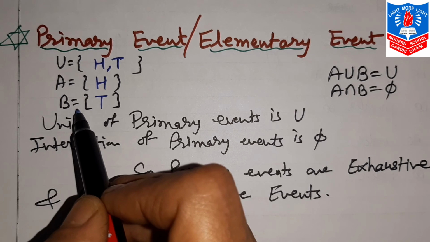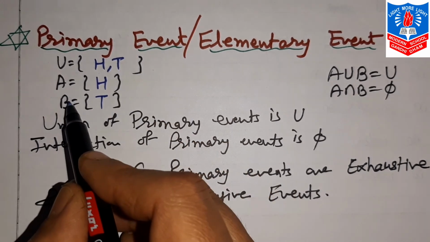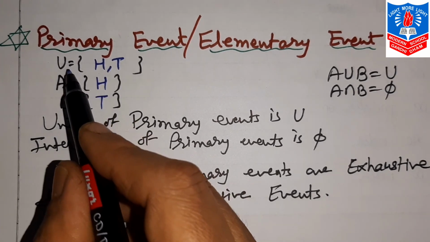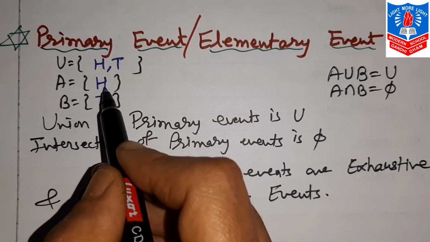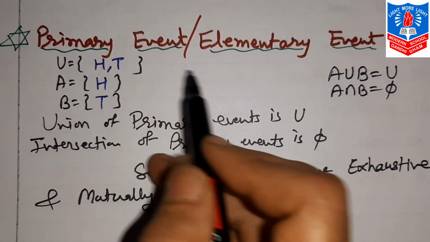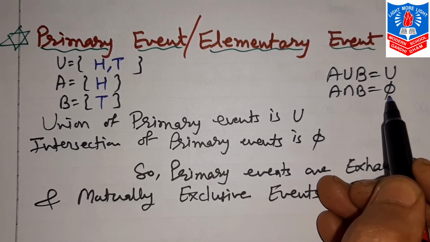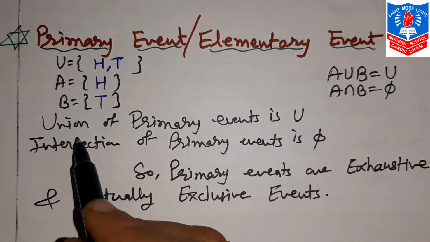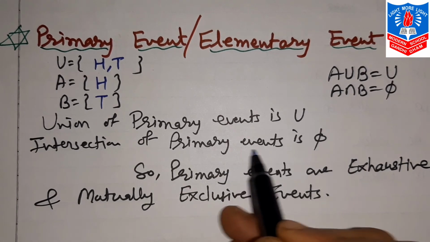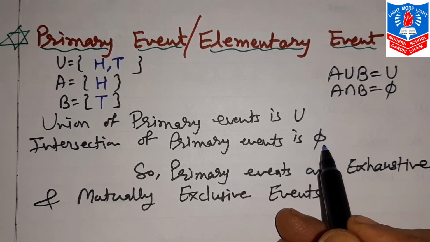primary events. Now remember, A union B is U only, you can see H and T, that is U, and nothing will be common between these events A and B, so A intersection B will be the null set. So remember, the union of primary events is U and the intersection of primary events is always the null set.